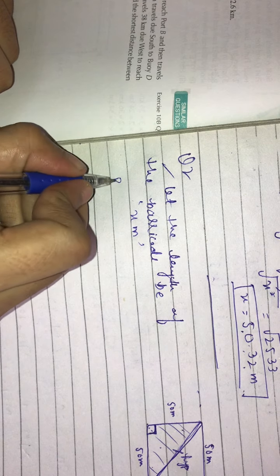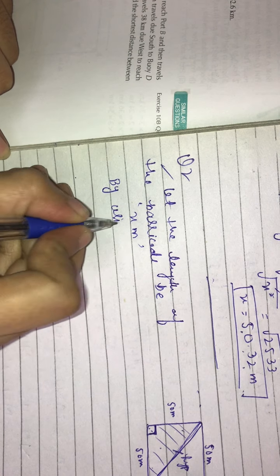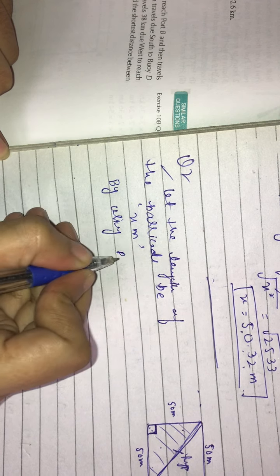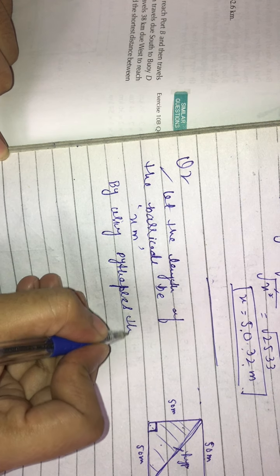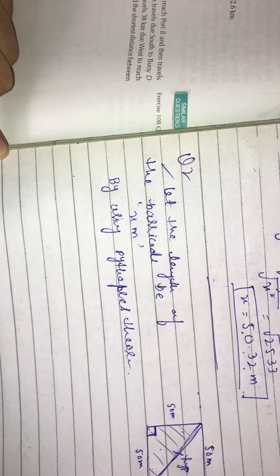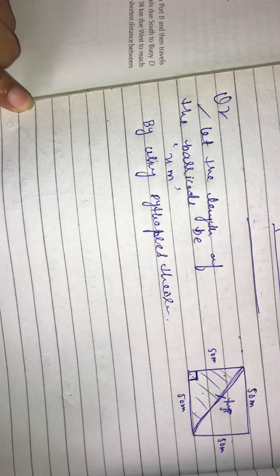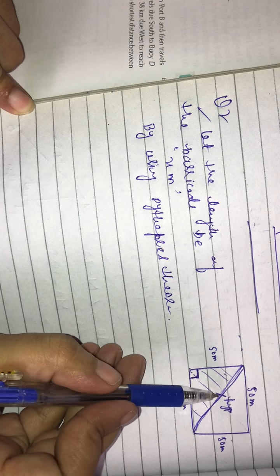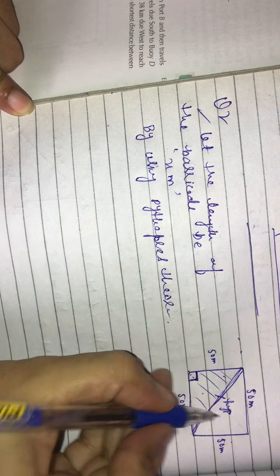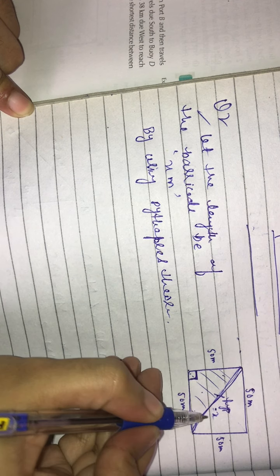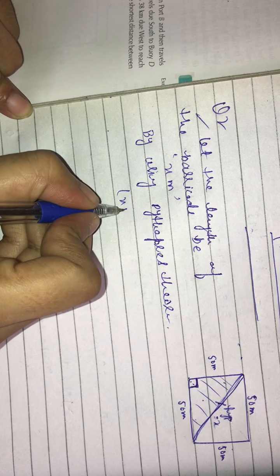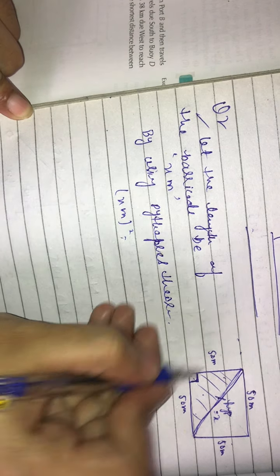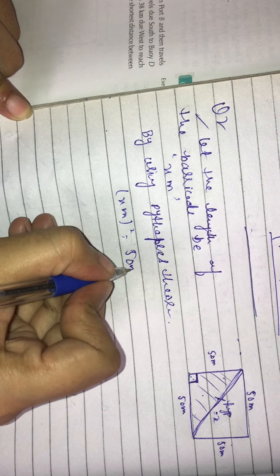Okay, by using the Pythagoras theorem. It is very simple and easy. There is no difficulty. It is just like the previous question. This is the hypotenuse, and the value of the hypotenuse is equal to x. By the Pythagoras theorem, the square of the hypotenuse is equal to the sum of the squares of the two sides.